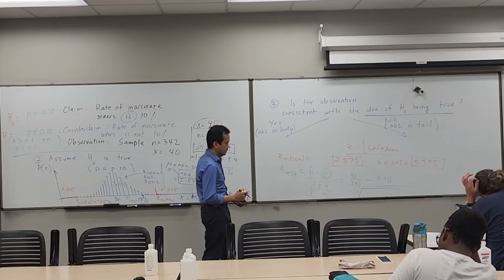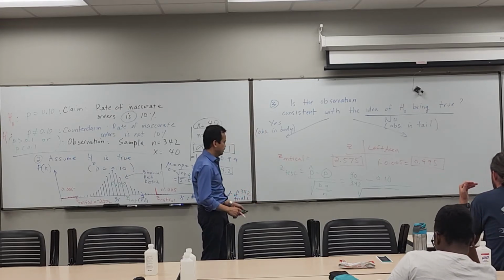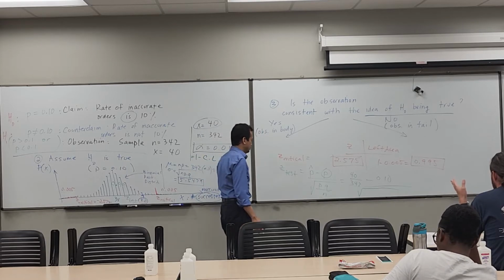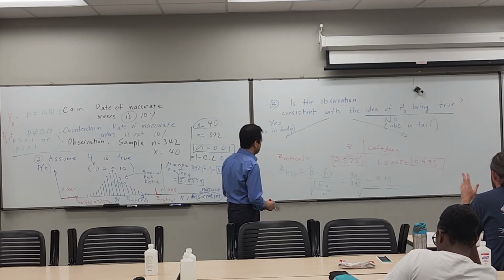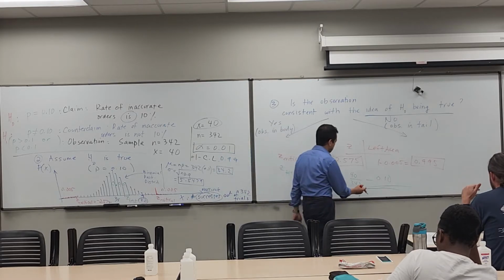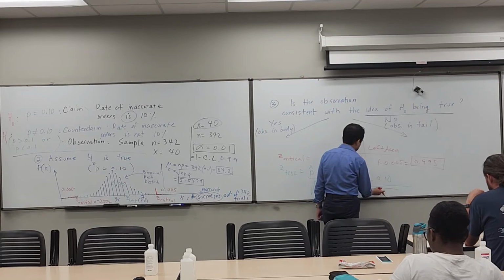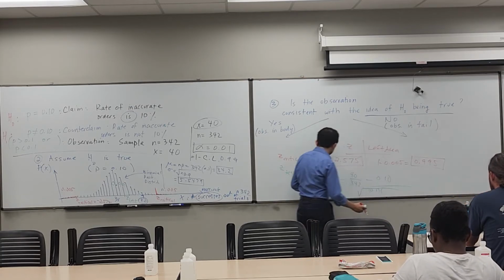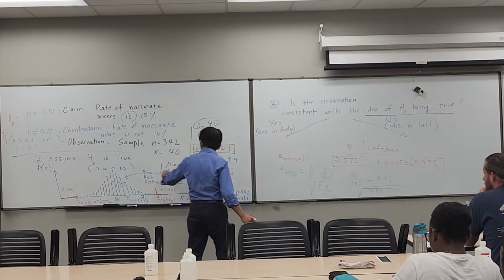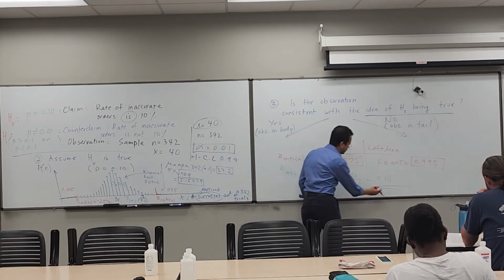And then your square root is going to be P multiplied by Q. Q is 1 minus P, so you'll get 0.1 and 0.9. And then it will be divided by the number of trials for this sample, which is 342. Okay, P is 0.1. Good. Again, we're assuming that P equals 0.1, and Q will be 1 minus that, or 0.9.